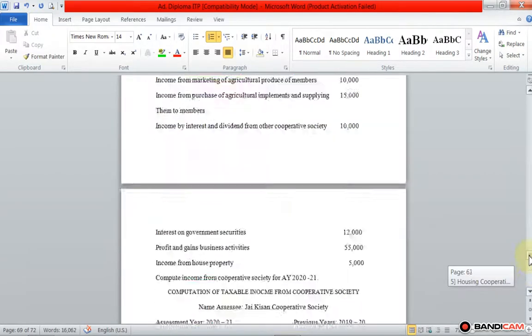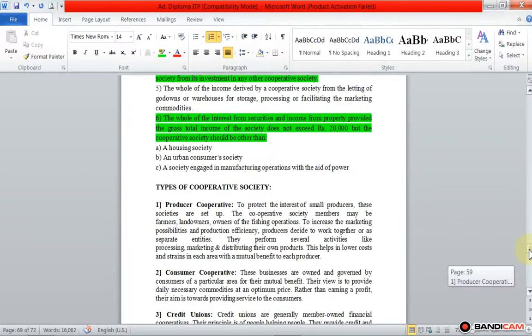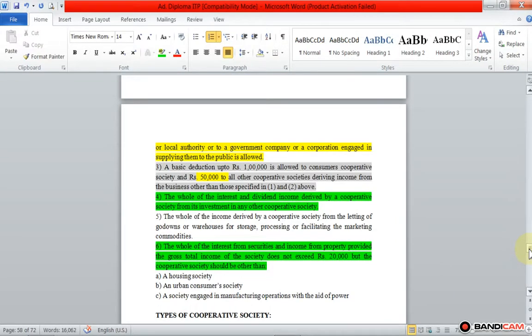It means if a cooperative society invests its money in another cooperative society and earns a dividend or interest, it is income of the cooperative society, but it is income from other sources, and that income is allowed for deduction under section 80P. The 100% income derived from dividend or interest from other cooperative society is allowed for deduction.